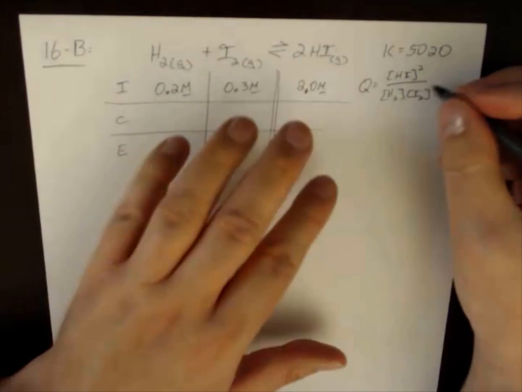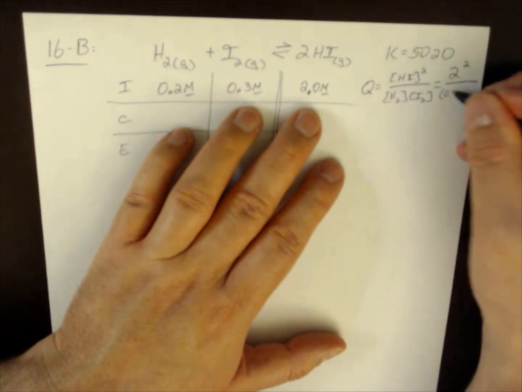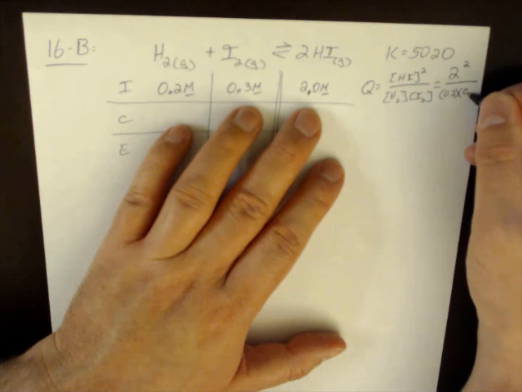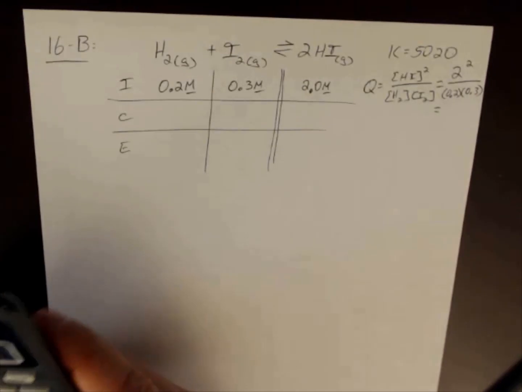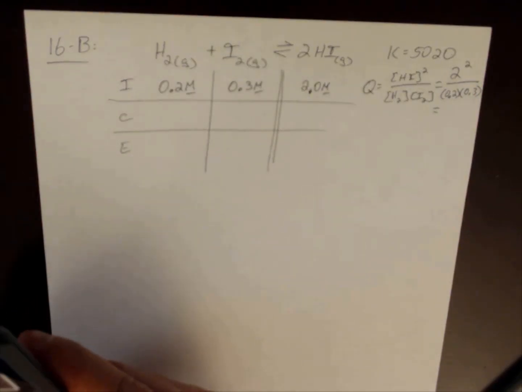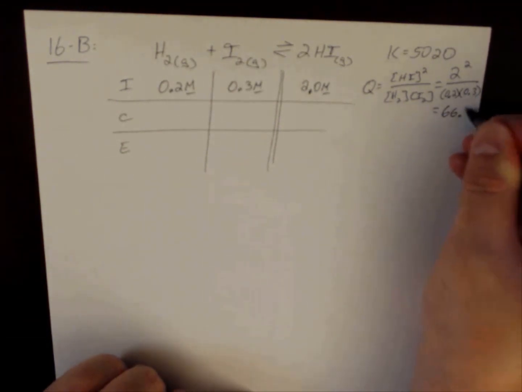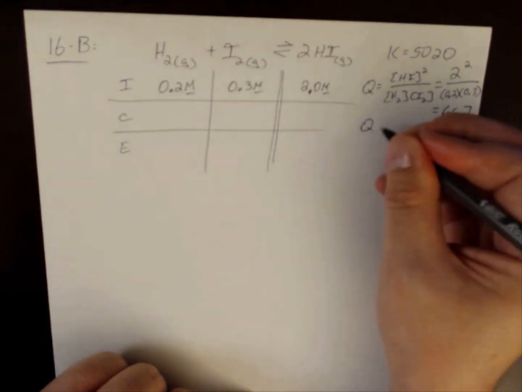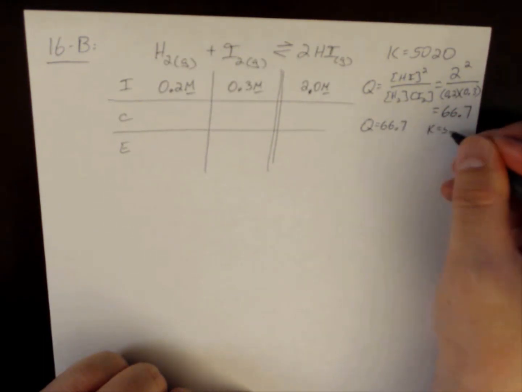That's going to give me 2 squared over 0.2 times 0.3, or 66.7. Okay, so Q equals 66.7, K equals 5,020.